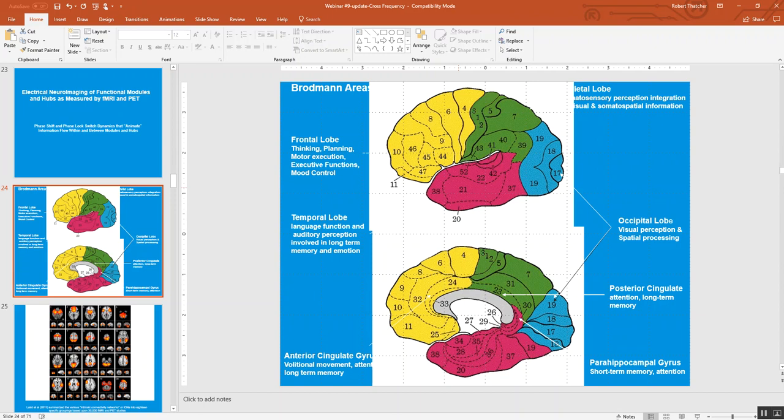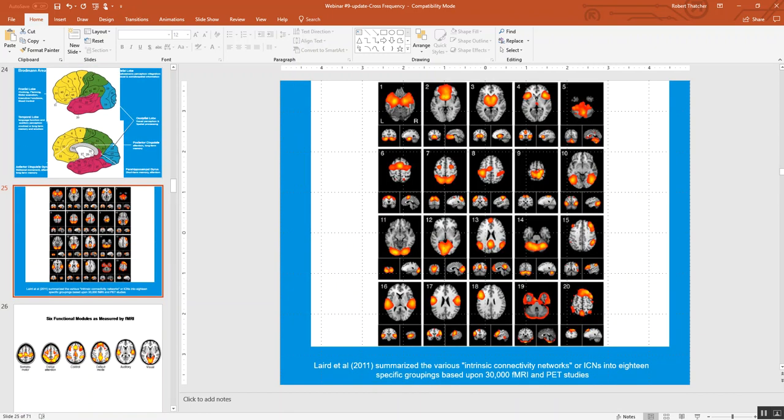But in the decade of the brain, beginning in the 1990s, functional MRI, PET scans, MEG and EEG all started to show that there were clusters in the brain, and they more or less correspond to the Brodmann areas as a good architectonic mapping that is now used worldwide. This is a summary of 30,000 functional MRI and PET studies across many different experiments.